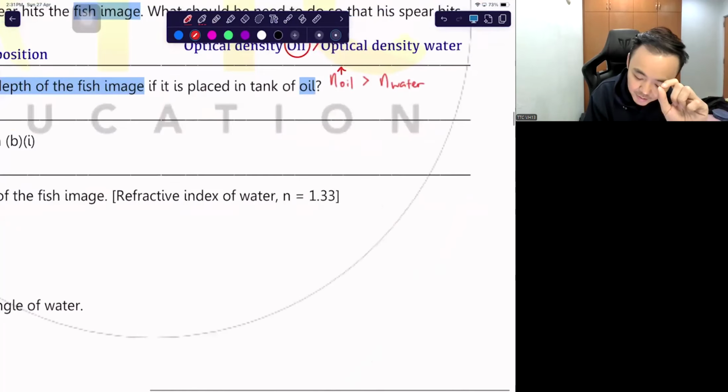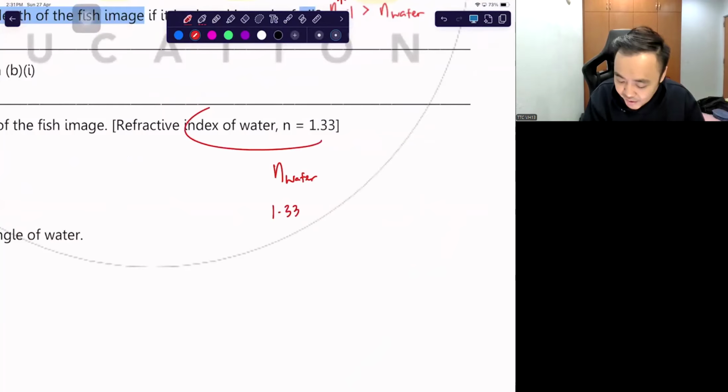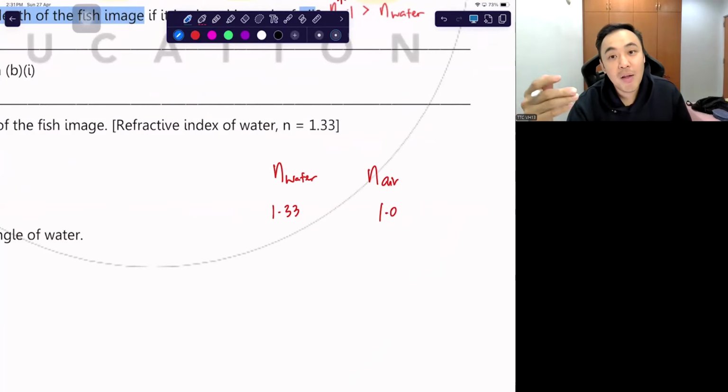Let's say the refractive index for water is 1.33, and the refractive index for air is 1.0. Which one has the higher optical density? Imagine you swim through water or go through air, which is faster for you?